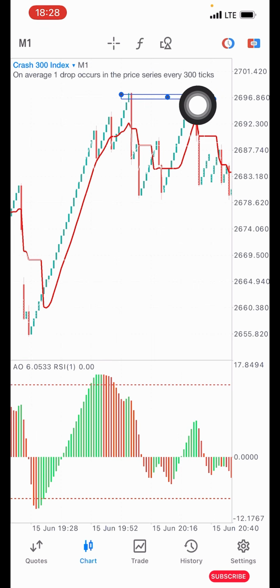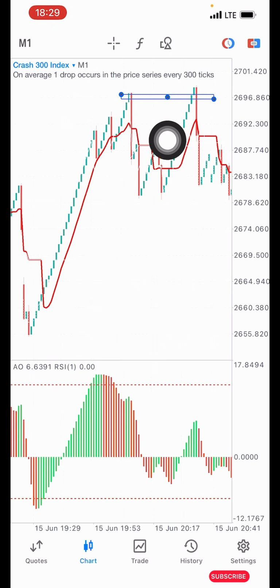So you see another spike came again, because this is a resistance area here. Spike is going to respect that area, especially if you are in a downtrend. It will respect it most of the time, especially if you are on crash 300. This pair does respect support and resistance zones very well.